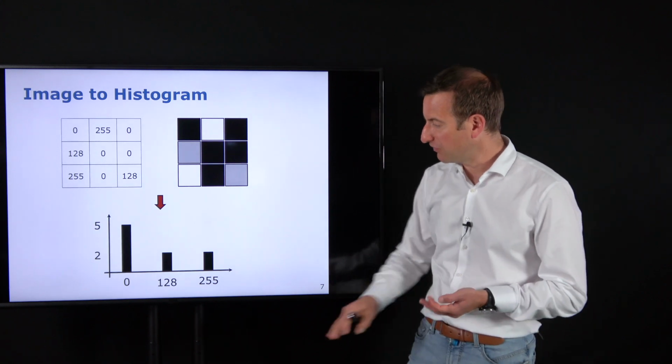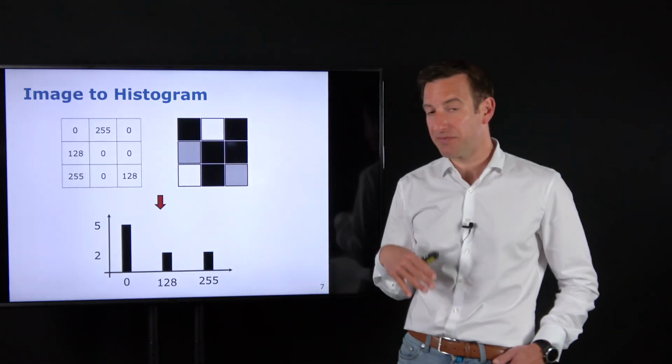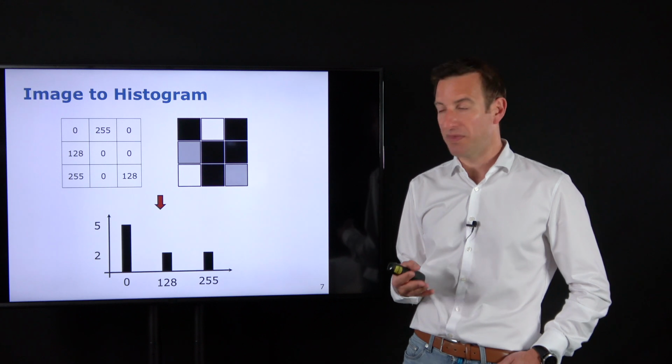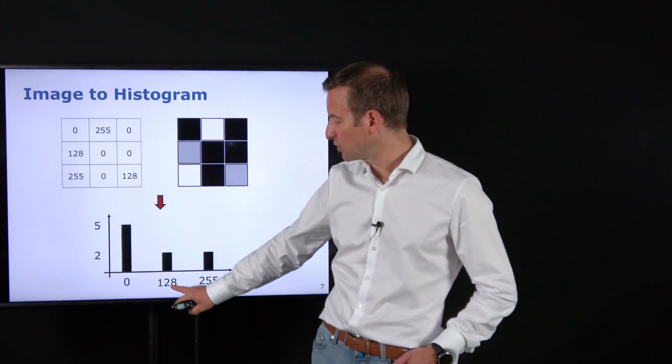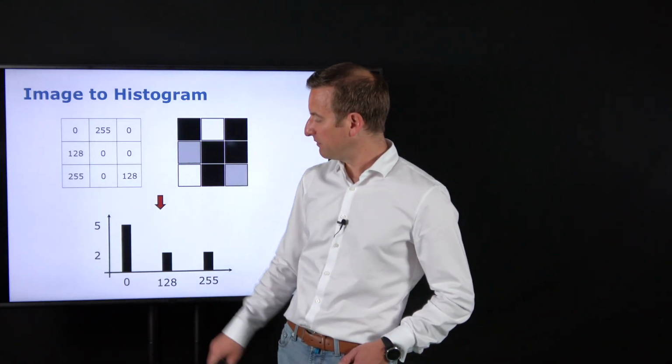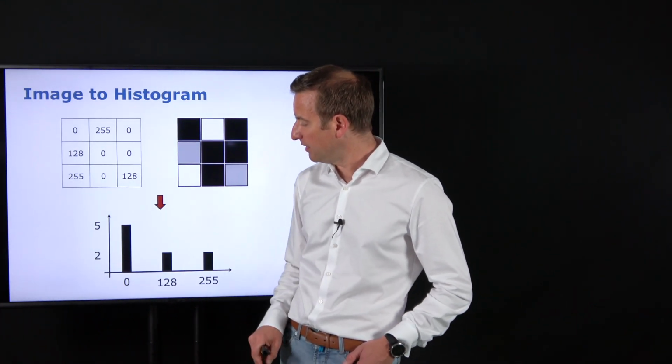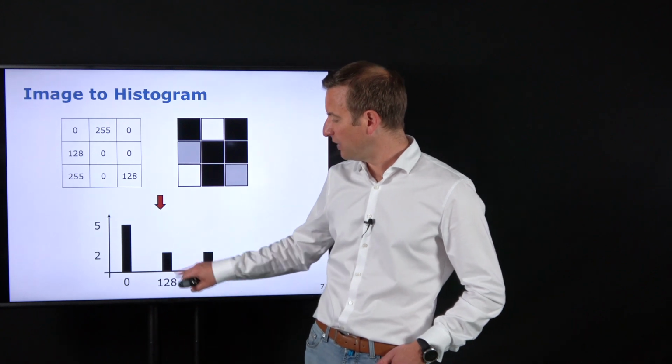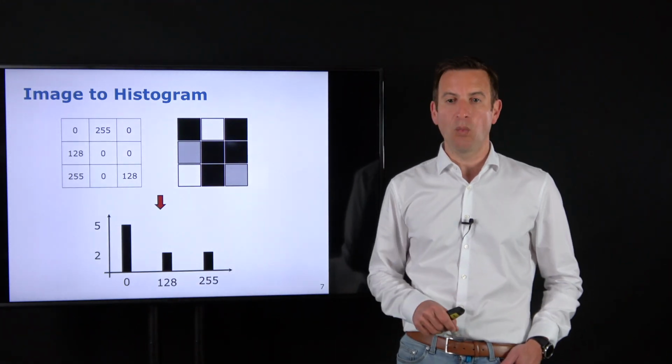So as a result of this, I will obtain this histogram where I just have 3 bins which are occupied with data: bin 0, bin 128, and bin 255. It occurs 5 times the black pixel, 2 times the gray pixel, and 2 times the white pixel.